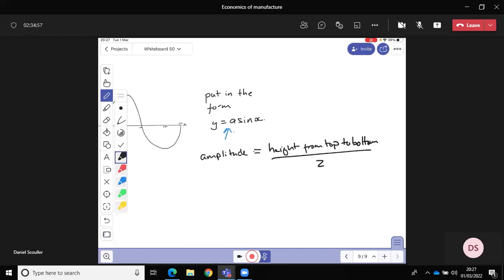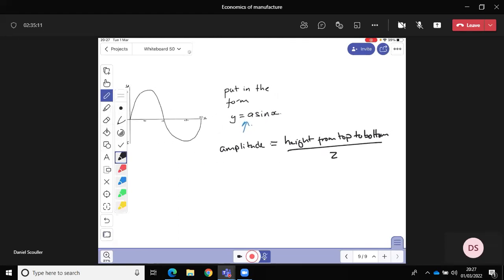So your amplitude is the full height of that wave from the top of the max to the bottom of the minimum, divided by 2. That's what your amplitude is. So in this case it'd be 10 divided by 2, so your amplitude would be 5.